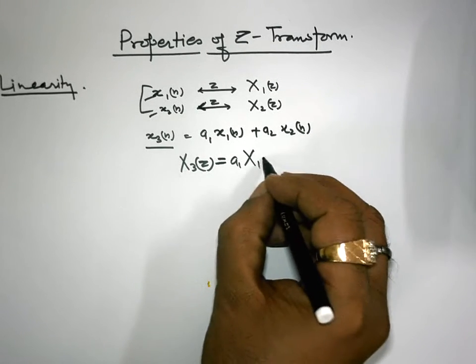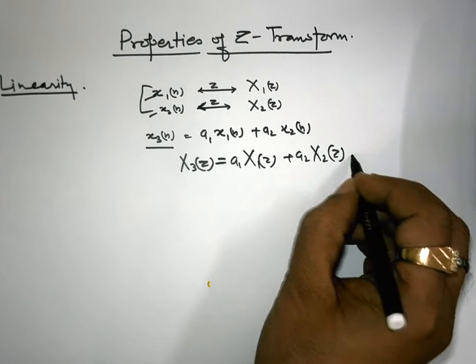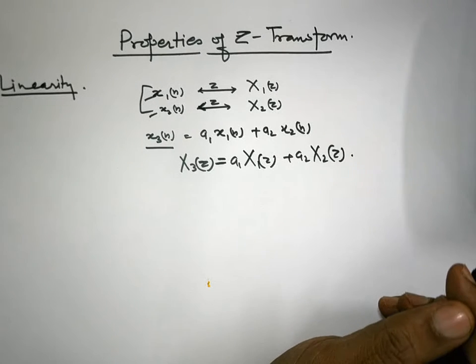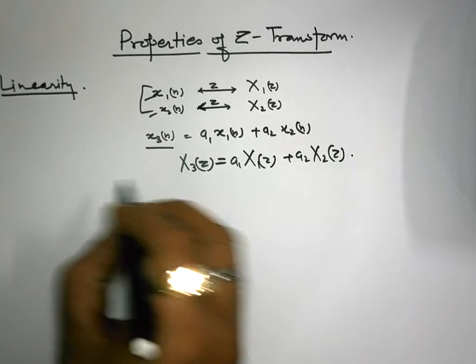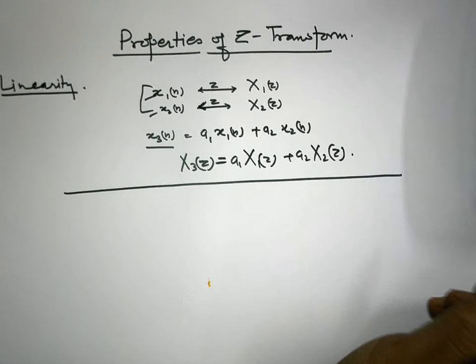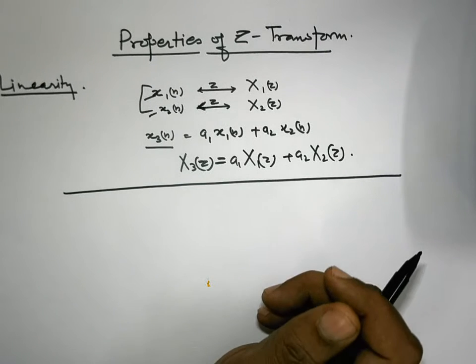So it will be a1 X1(z) plus a2 X2(z). This is the significance of the linearity property. The linearity property simplifies many complex problems to solve in simpler form, and we have solved many complex problems using it.